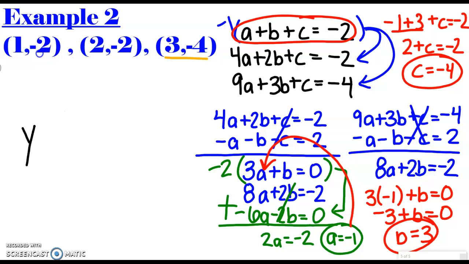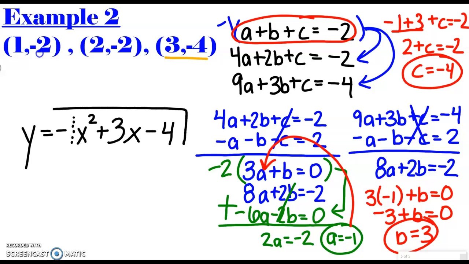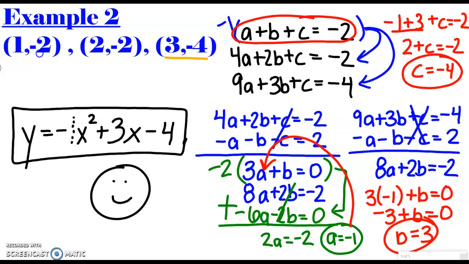So I would have y equals a is negative 1 x squared plus b is 3x plus c is negative 4. So I'd write minus 4. So the equation of the quadratic that goes through those 3 points on the parabola is y equals negative x squared plus 3x minus 4.